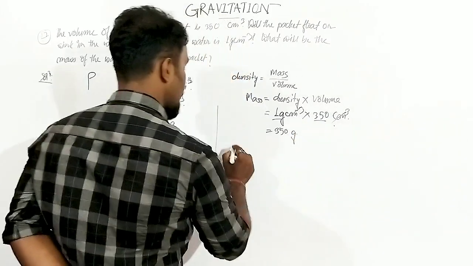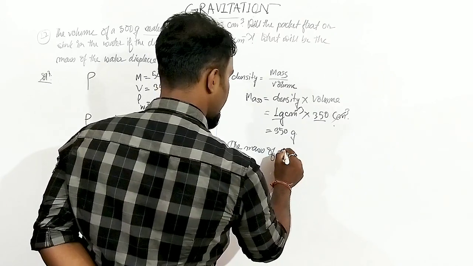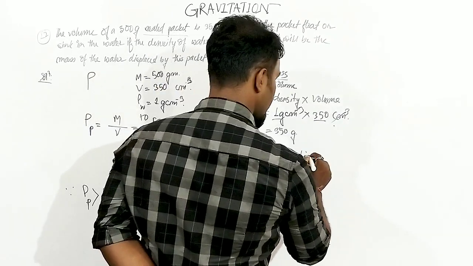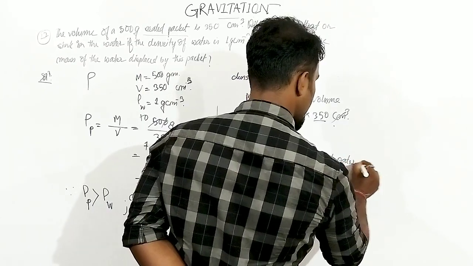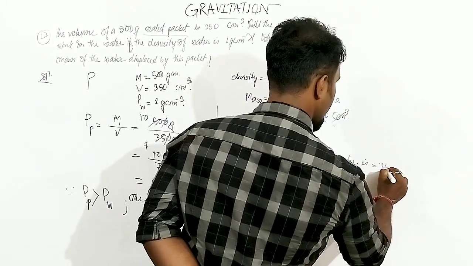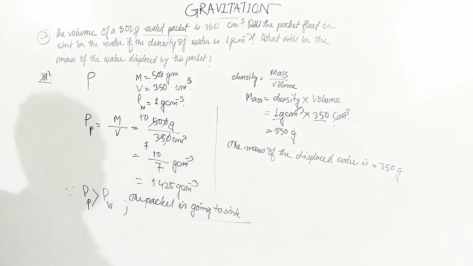So you can write: the mass of the displaced water is 350 gram.